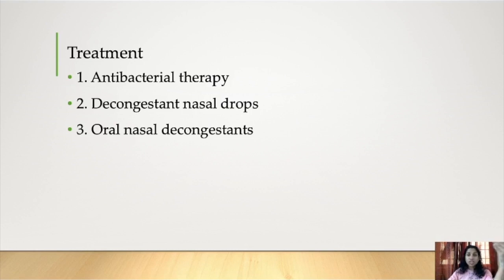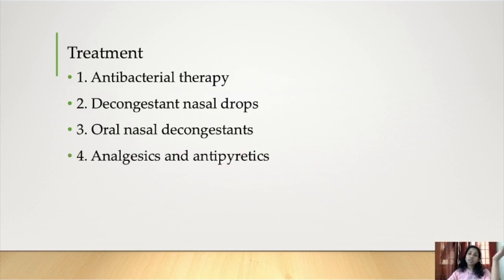So in the initial stage there will be tubal occlusion. For that we have to give decongestant nasal drops. So that will act on the lower end of the eustachian tube and help to reduce the edema, and the pressure will get maintained and it won't go to the next stages. So they used to give decongestant nasal drops or oral nasal decongestants.